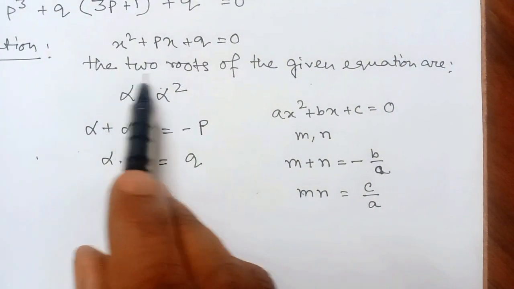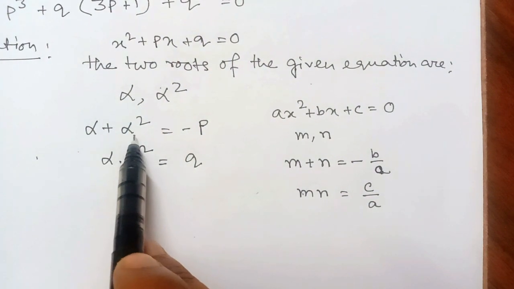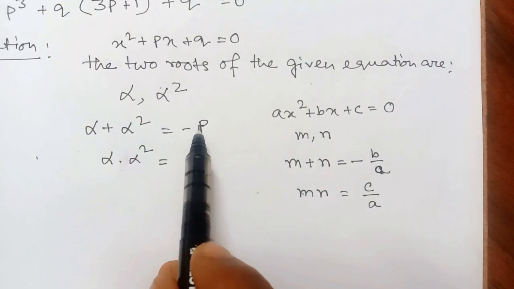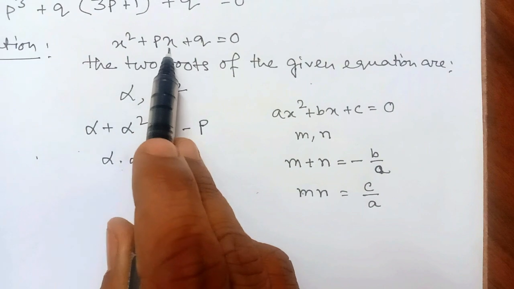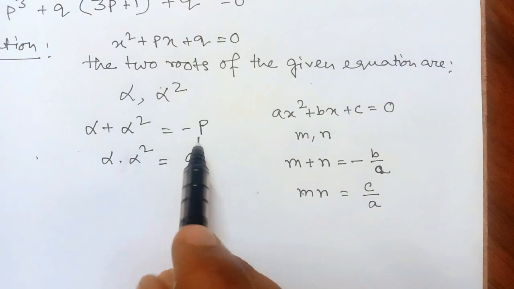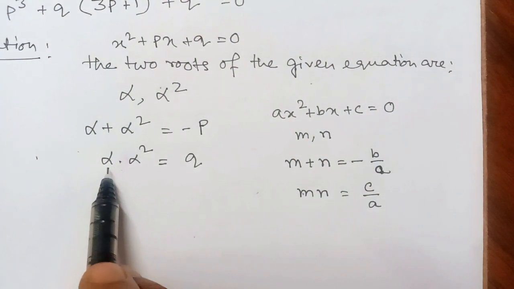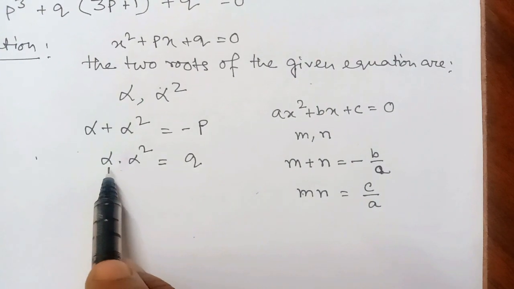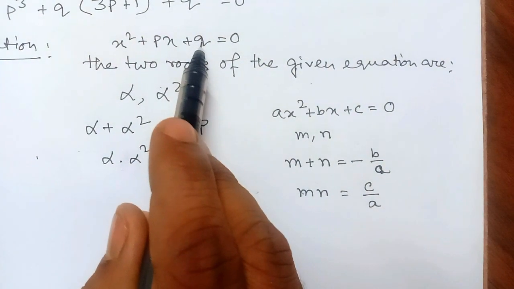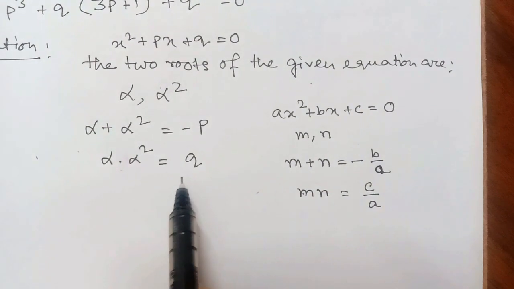So if the two roots we have considered are alpha and alpha square, then alpha plus alpha square is equal to minus p. Actually, p is the coefficient of x in this equation. The coefficient of x square is 1, so it is minus p by 1, that is minus p, and the product of these two roots is q by 1. Actually, q is the constant term and the coefficient of x square is 1, so it is q by 1, that is q.